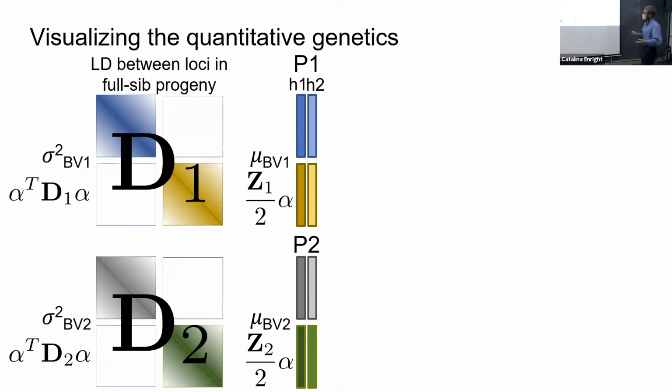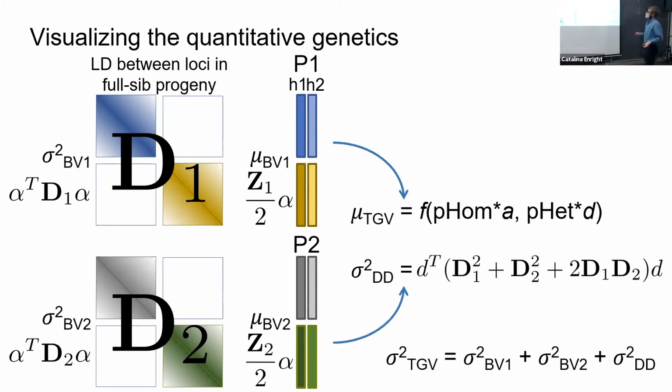It gets more complicated for the dominance deviations. You can't know what the dominance deviations are going to be from one parent independently of another because it depends on the joint inheritance. So you can get a mean total genetic value from the probability of being a homozygote versus the probability of being a heterozygote. Here, these are dominance deviations.